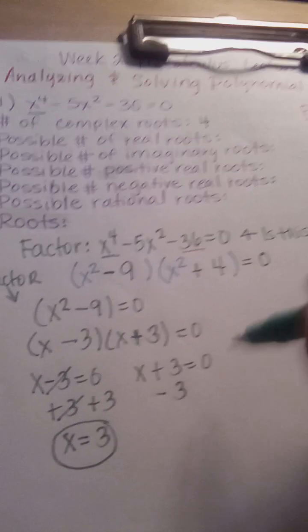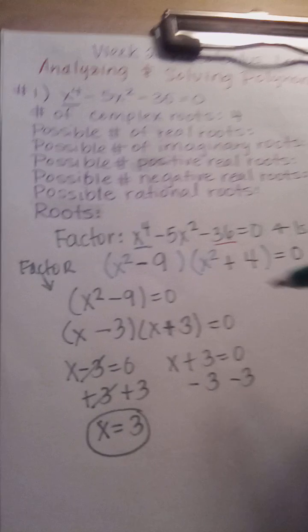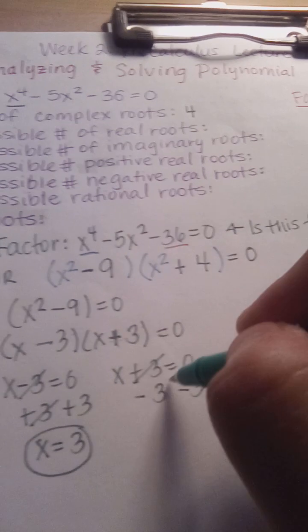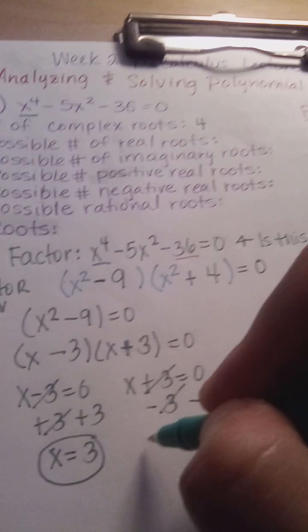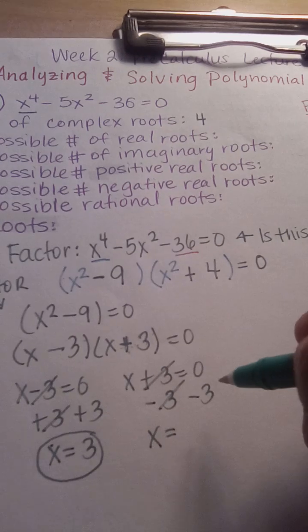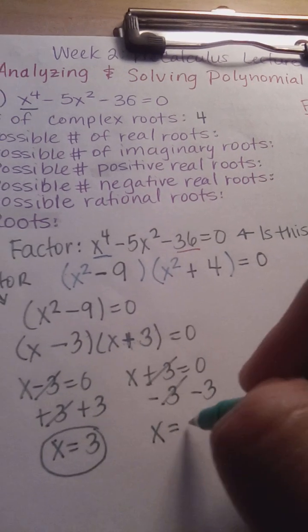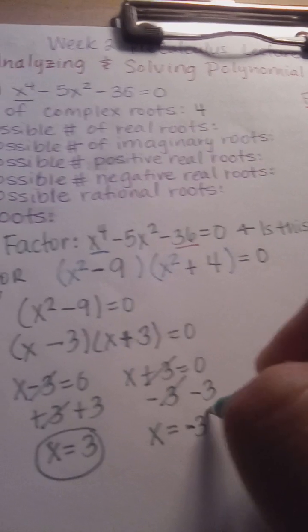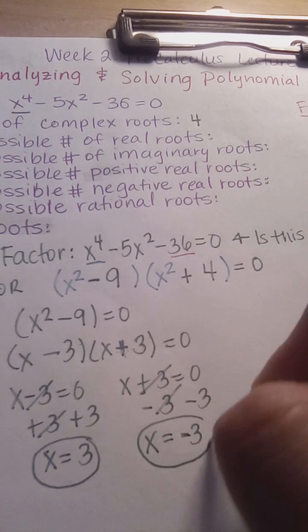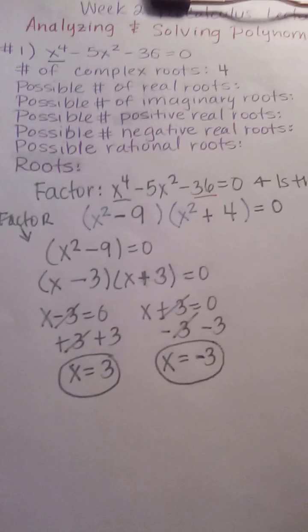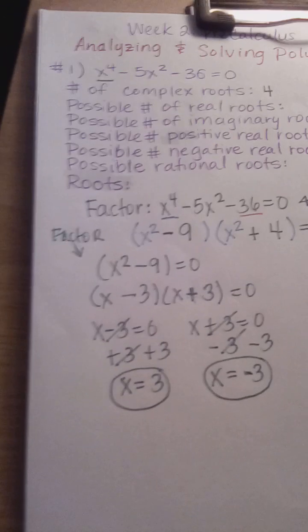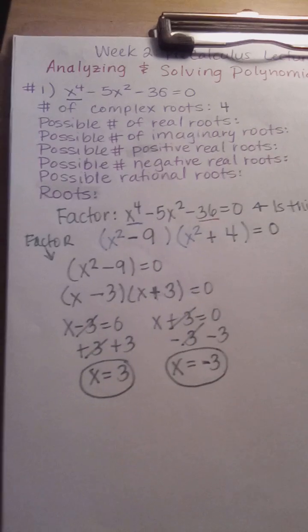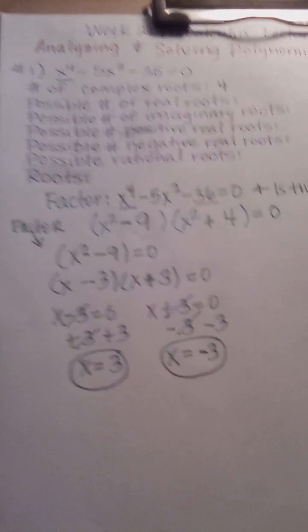And you do the same thing for the second, it'll be the opposite. Subtract 3 from both sides of the equation. And this will be canceled out. Bring down the x. 0 minus 3 is negative 3. That is our second part. All right. So far, so good, folks.